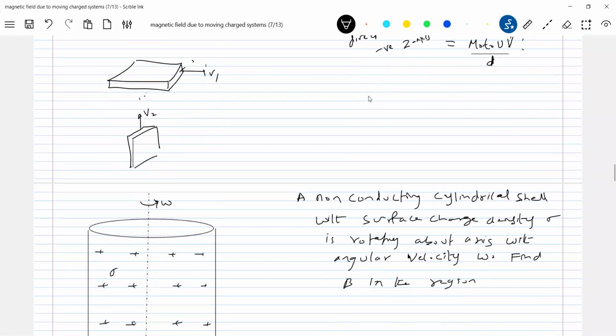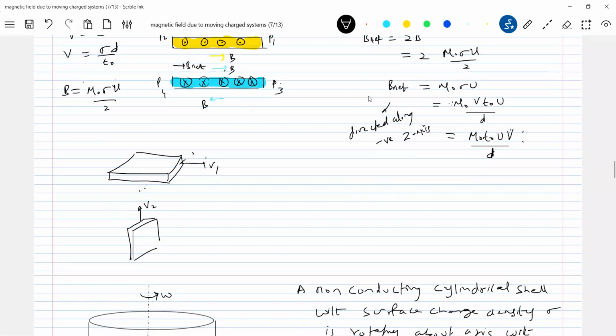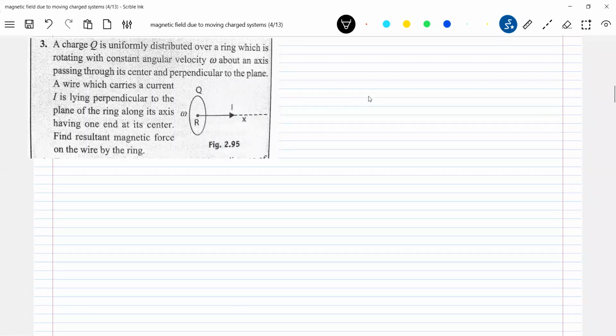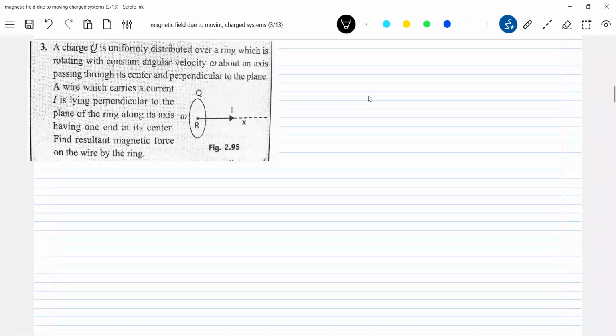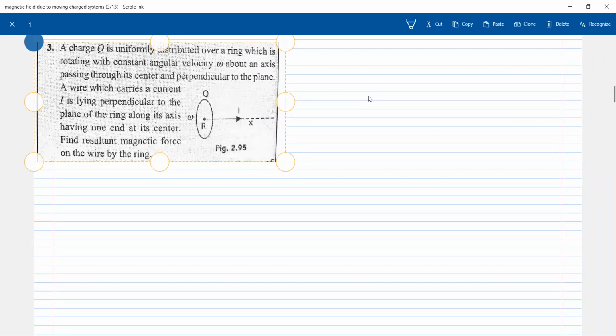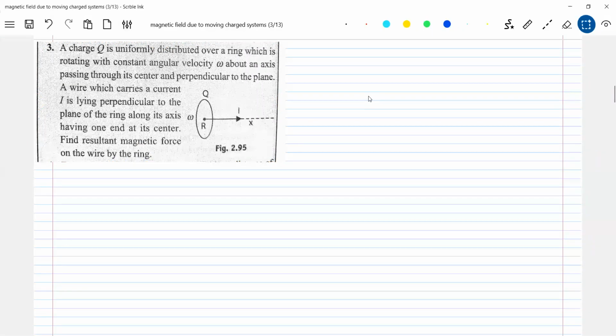Okay, now after this, we will first take the rotating charged particle. And this very good question can be asked in advance. I felt it was really very good. Simple idea. It's asking the force of interaction between a rotating ring and a semi-infinite long wire.